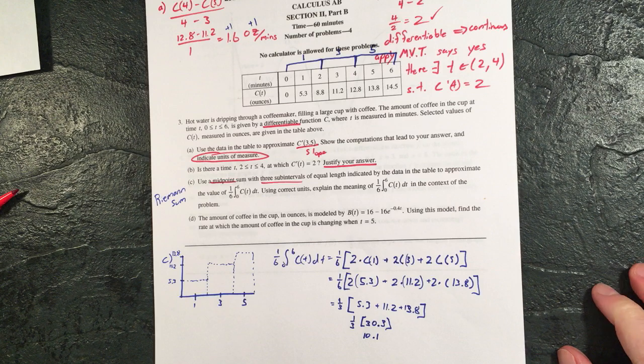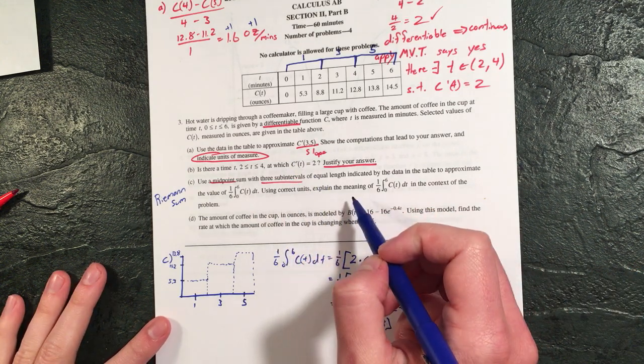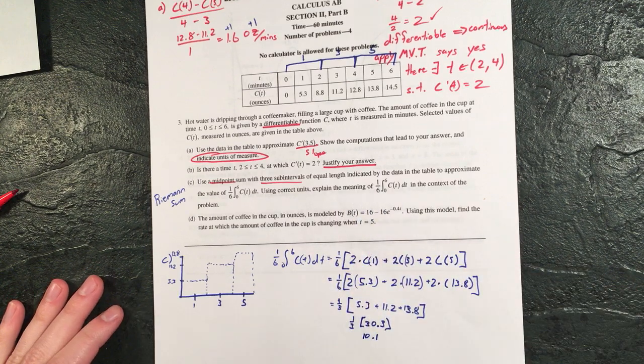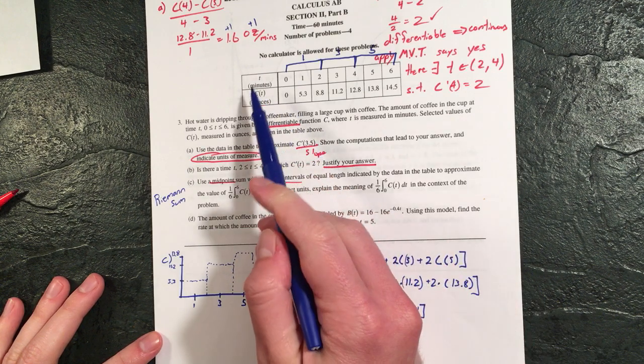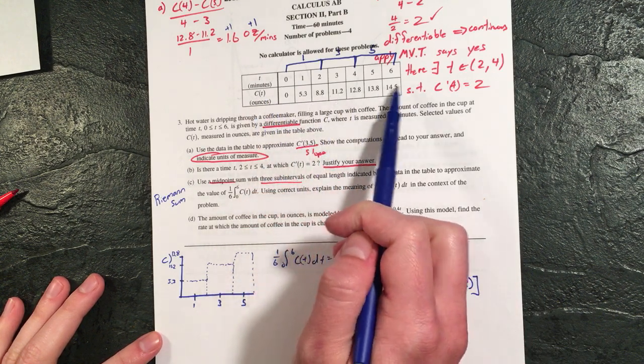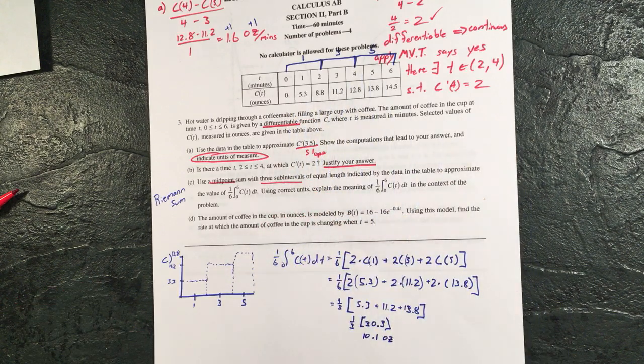Okay, so now we're here. And the next part, it says using correct units, explain the meaning. So that's 10.1 ounces is what we're looking for, because all the numbers we're adding up here come from this point. And since we're dividing by that whole sum, that's the average amount of coffee in the cup over that time interval.